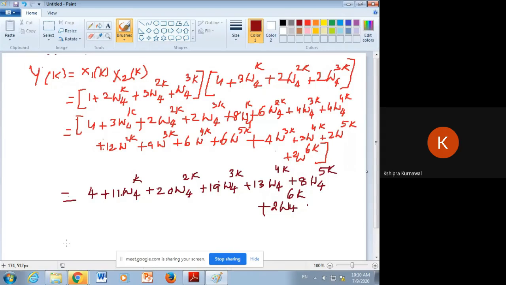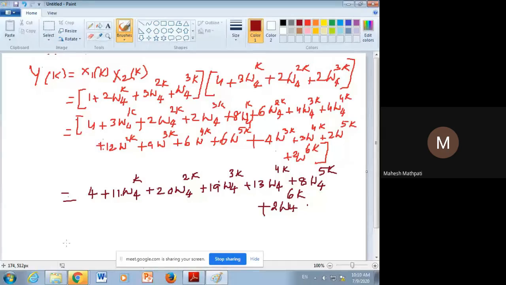As I told you, how many coefficients did we get here: 1, 2, 3, 4, 5, 6 and 7 coefficients. So this is correct as per linear convolution. But we expect the circular convolution answer.